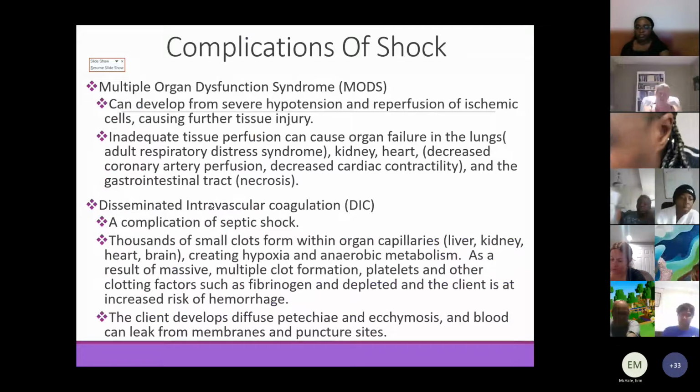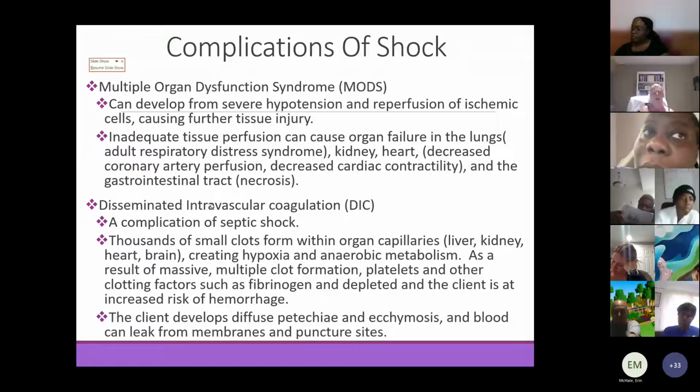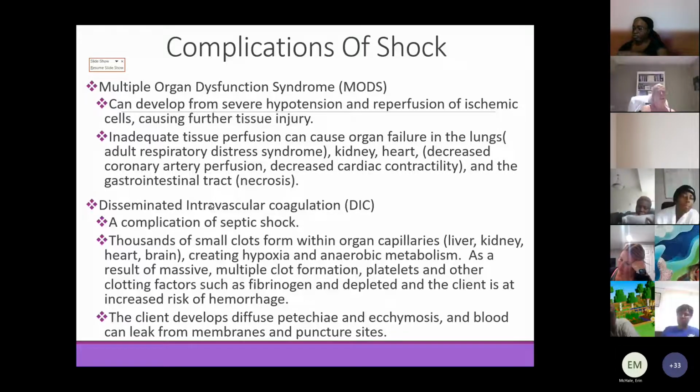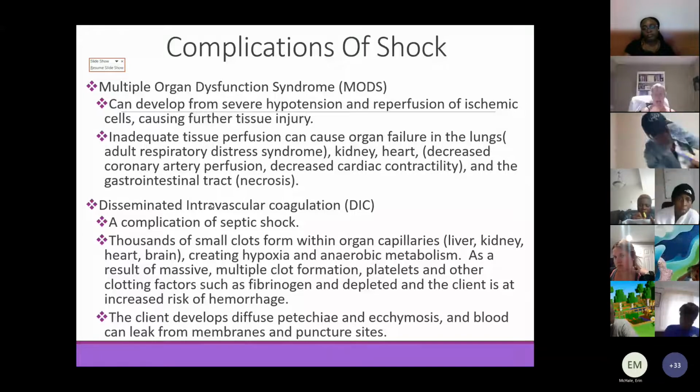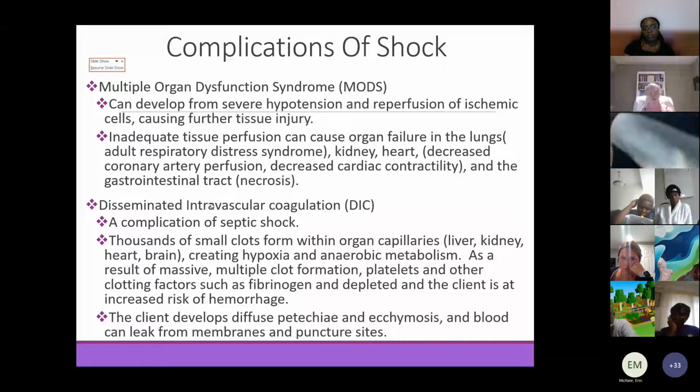So multi-organ dysfunction syndrome, MODS, this is where all of our organs start to shut down. Whenever we have anything in the body that causes our blood pressure to drop significantly, so when they develop severe hypotension, or anytime we have any cells in the body that have been deprived of oxygen or blood flow for an extended period of time, once we reperfuse them, it can also cause multi-organ dysfunction syndrome to develop.